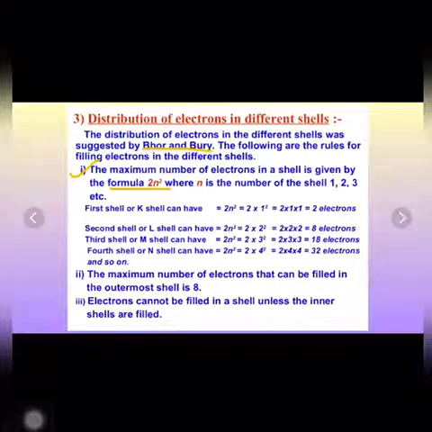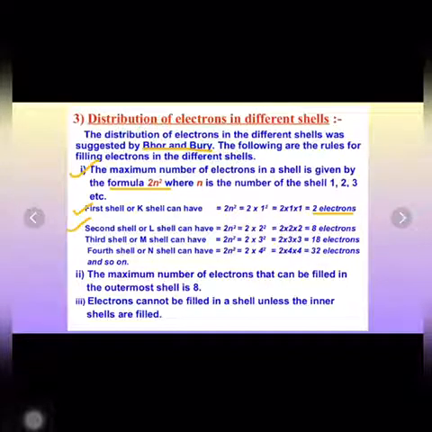Now let us find out the maximum number of electrons in the first 4 energy shells in which the electrons can be filled. These are K, L, M and N as given by Bohr. The first shell, or the K shell, can have 2 into 1 square. You put 1 in place of n, solve it, and we get 2 electrons. So the maximum number of electrons that can be filled in the K shell is 2.